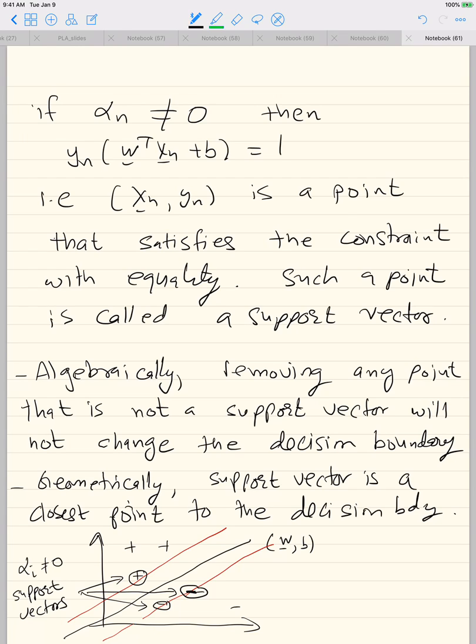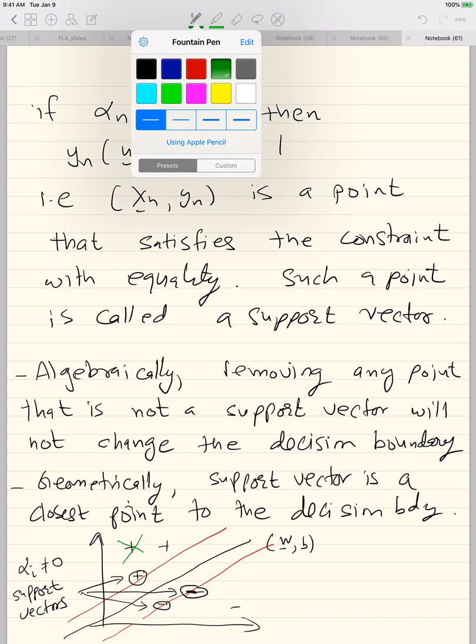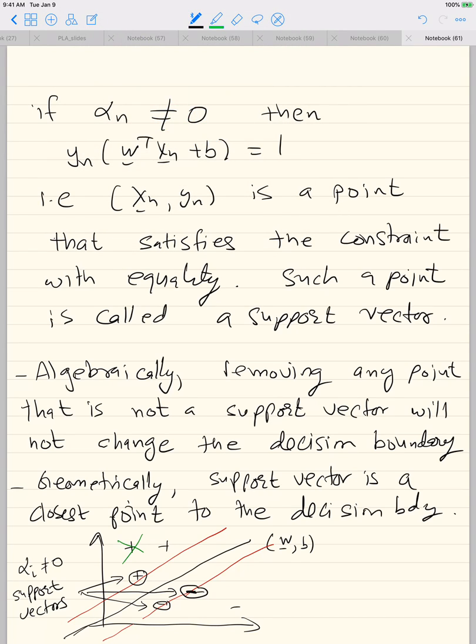Removing any of these points, so if we had removed this point, for example, we would not change our optimization problem. We will still get this to be the decision boundary, and we will still get that the classification margin and so on is dictated by these 3 points. So removing any point that is not a support vector will not change the optimal solution.